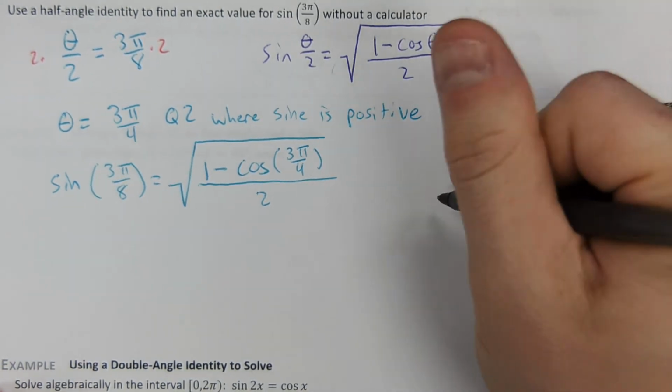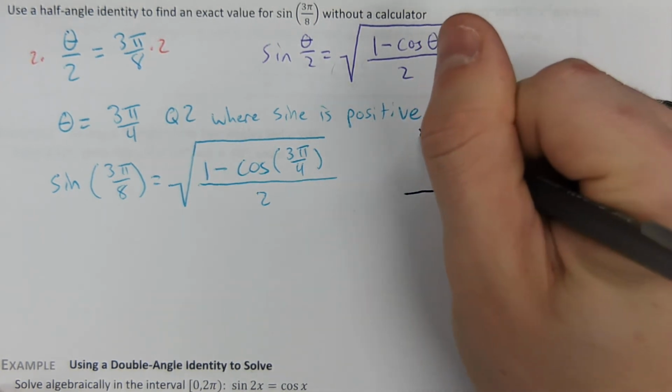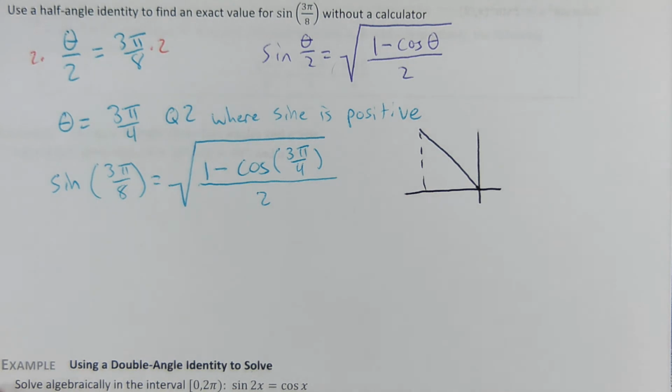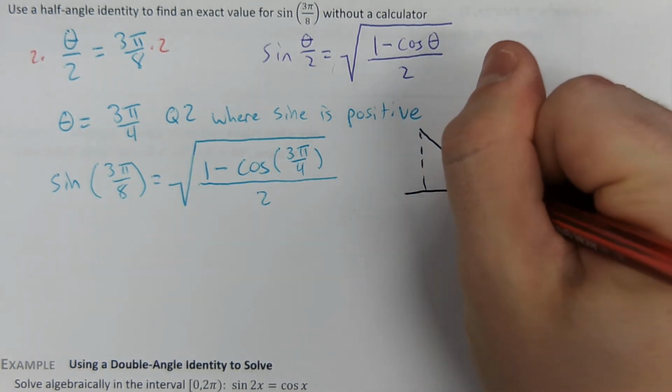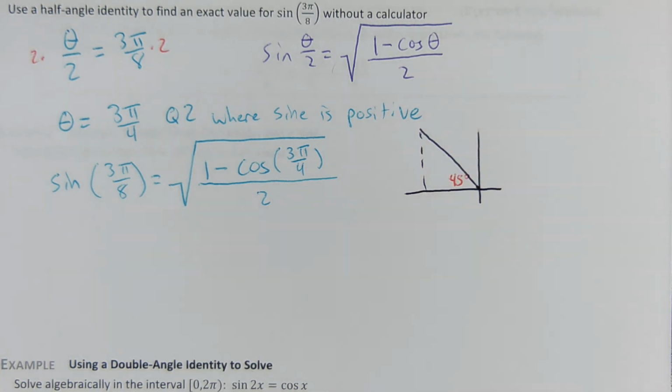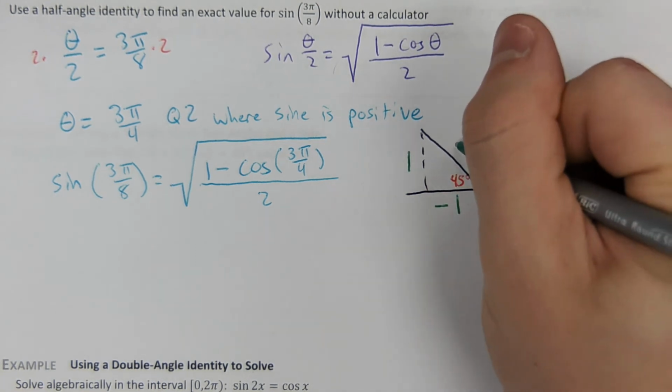Of course, picture never drawn to scale. Over 4s are 45-degree reference angles. So squeeze a little 45 degrees in here like that, and then I'll put my known side lengths. 45, 45, 90 is a 1, 1, root 2. I'm in quadrant 2, where the y's are positive, the x's are negative.